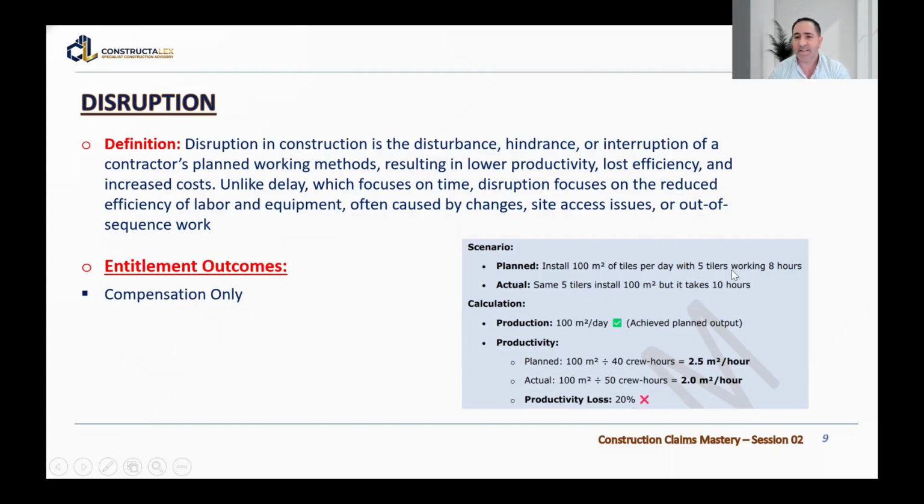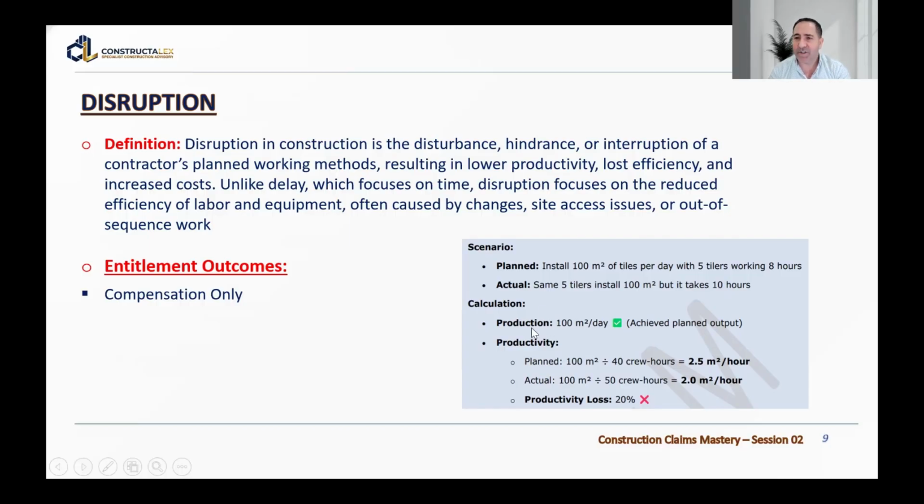So the plan is that this team installs this 100 square meters in 8 hours, but because of the disruption, the same 5 tilers install the same quantity in 10 hours. Or let us say it was planned to be installed in 5 days, but it takes, for example, 8 days. So we have a disruption here. We have a productivity loss here.